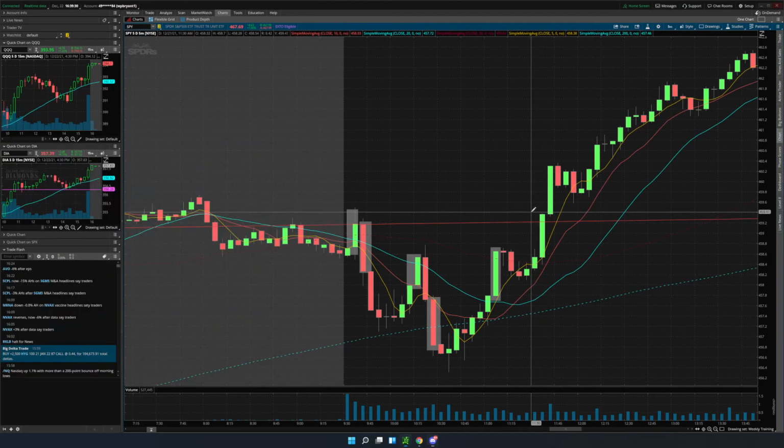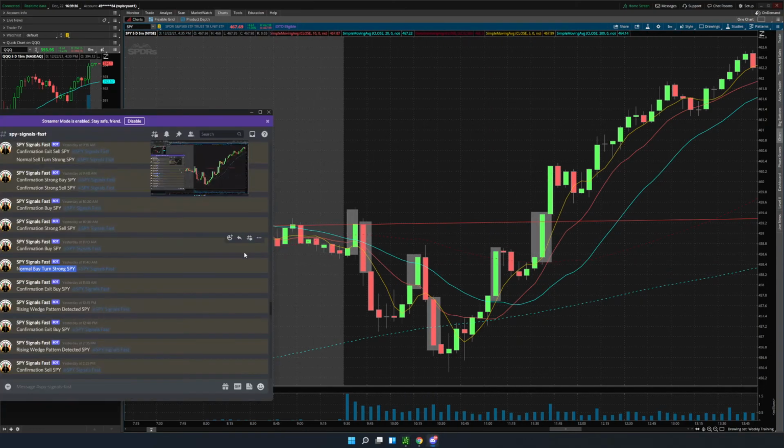Well, pretty clear why that happened, right? So you had a buy, and then you had a strong buy at 11:40. And it gave you an exit at 11:55, which would have been this candle, okay? But again, you don't necessarily have to exit when it says exit. Do that of your own accord.